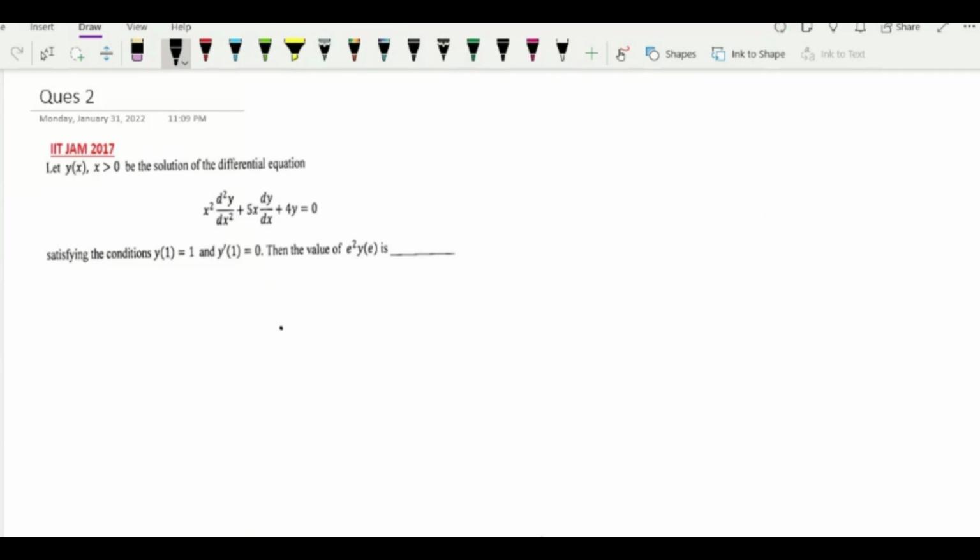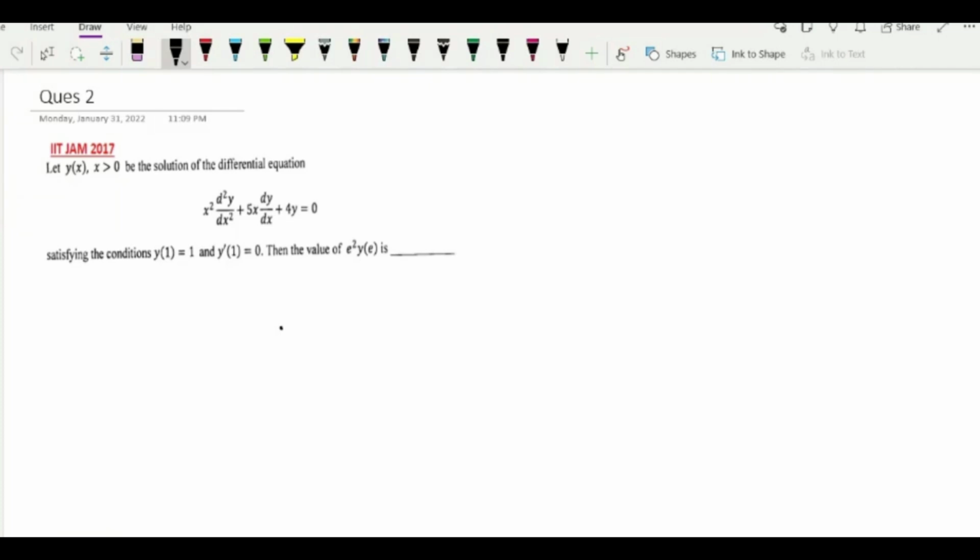The next question is from IIT JAM 2017, also a numerical answer type question. We have the questions from previous years, only single answer type or numerical answer type questions on this topic. There are no multiple answer type questions on this topic, even in the GATE examination, the IIT examination, and also the NET examination.